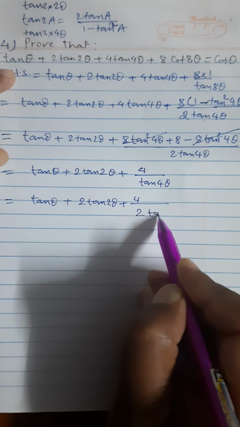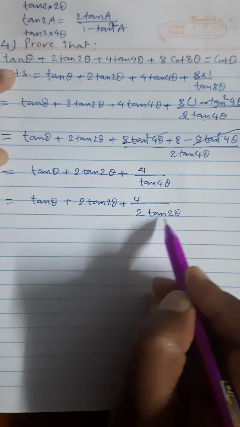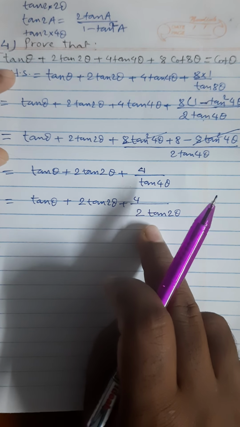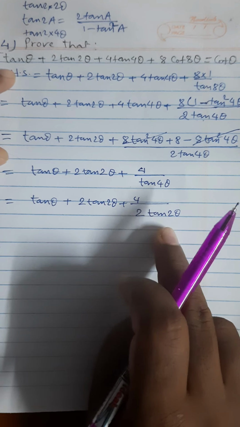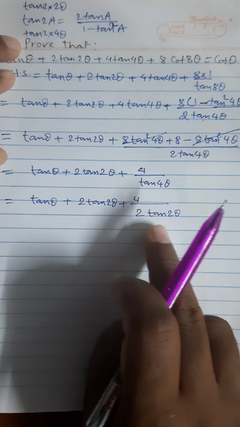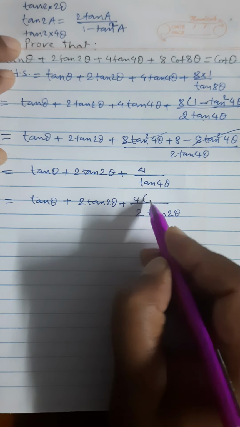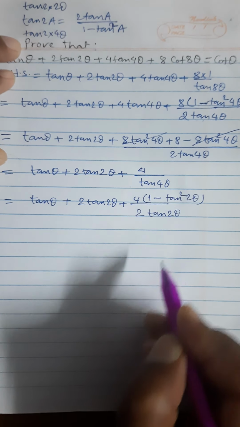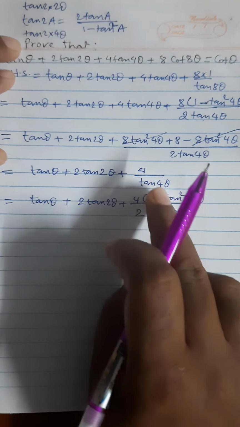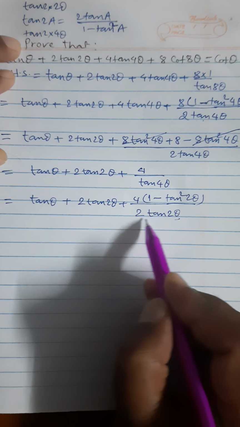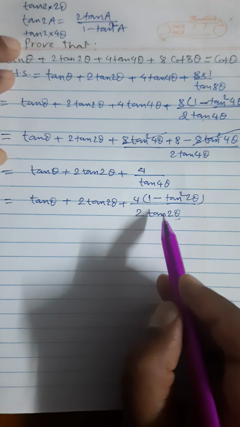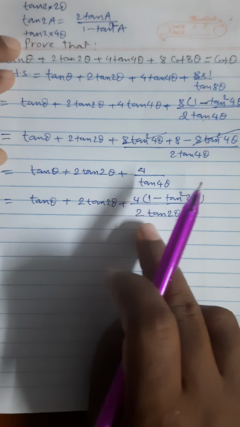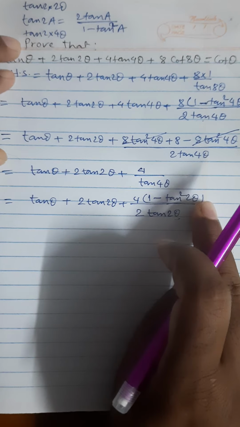And 2 tan 2 theta over this 1 minus tan square 2 theta, that will go up. So I am directly writing here 1 minus tan square 2 theta. Okay, tan 4 theta is 2 tan 2 theta over, just below this 1 minus tan square 2 theta it will be this below part. While simplifying this step it will go up.